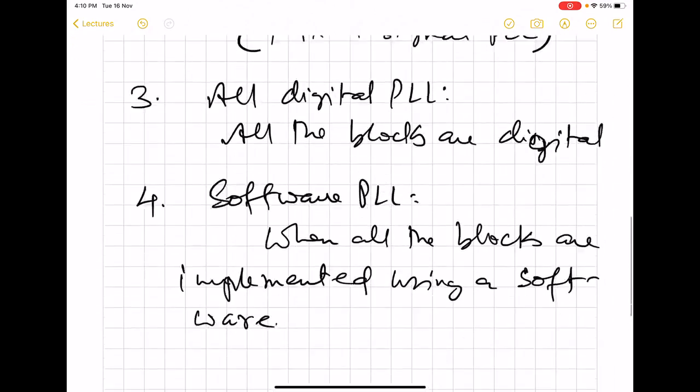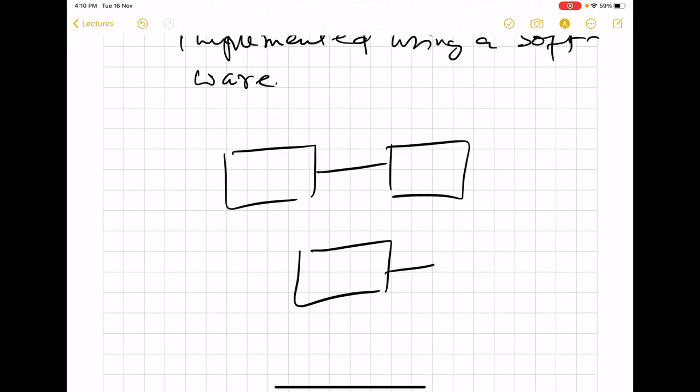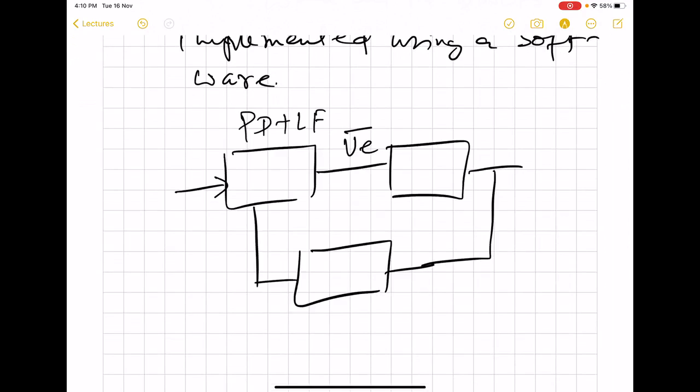Since we will be talking about this VE bar signal, we can represent the entire PLL using three blocks only, where the loop filter has been merged with the PD. So this is PD plus loop filter. And what we get here is the average or the low frequency component of the actual signal that is produced by the PD.